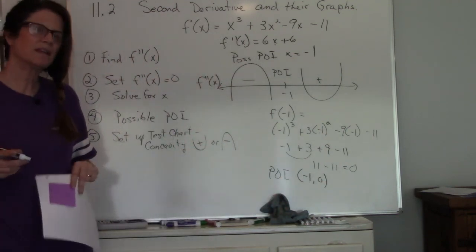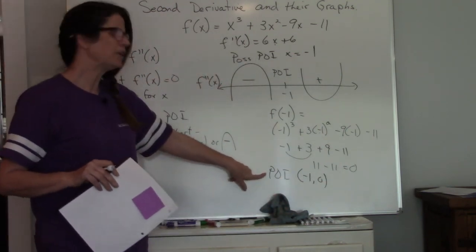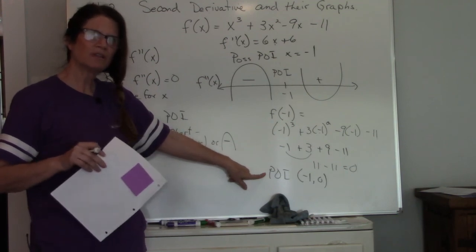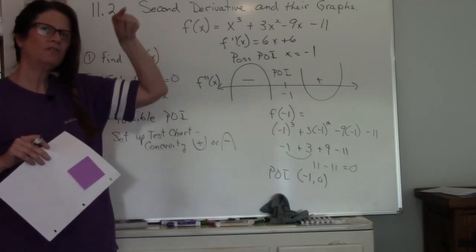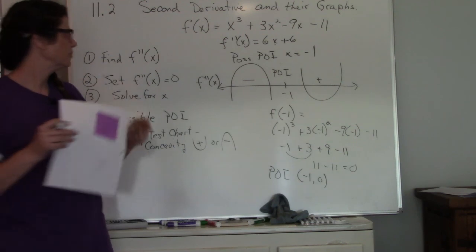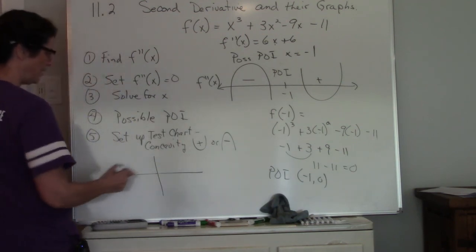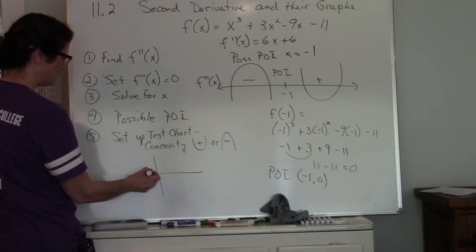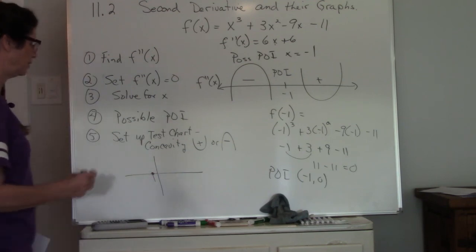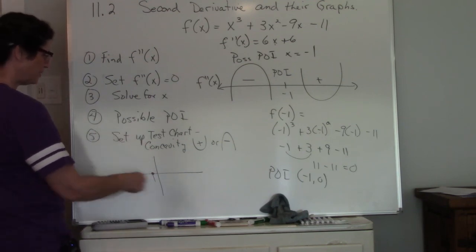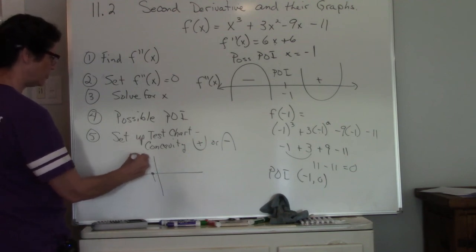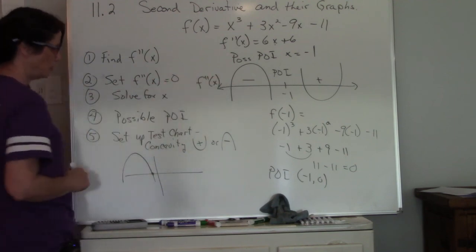What that means is I have a point on my graph where my graph goes from curving down to curving up. Okay? So if I were to graph this very quickly, I know that at -1, 0, so at that point right there, something is happening on this side, and I know my curvature is down because my test chart tells me.